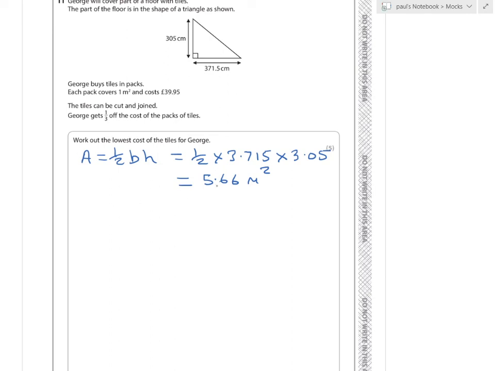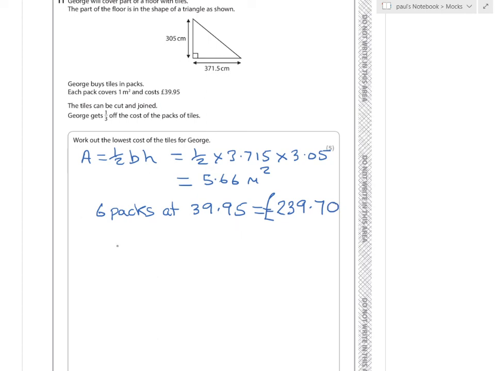So he's got to buy 6 packs at £39.95. So 6 times 39.95 is 239.7 pounds.